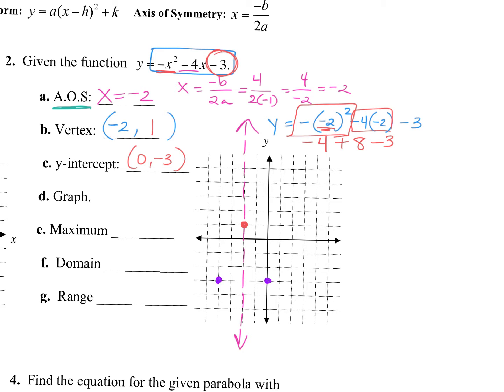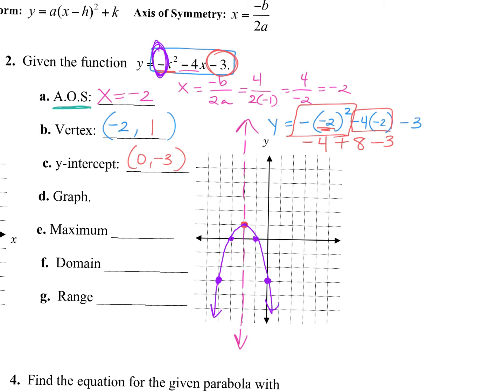Can you tell me how to find one other point without having to plug anything in? 2 other points, really. Down 1 over 1, right? This A value out in front means one slope. Do it one time on each side. So from the vertex, down 1 to the right one, down 1 to the left one, that gives you the curve of your graph.